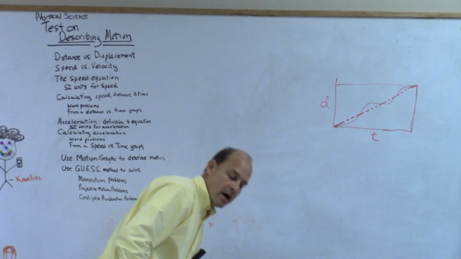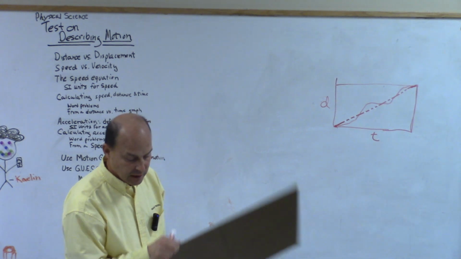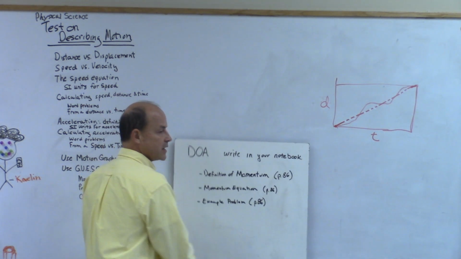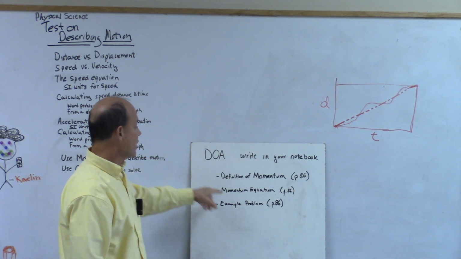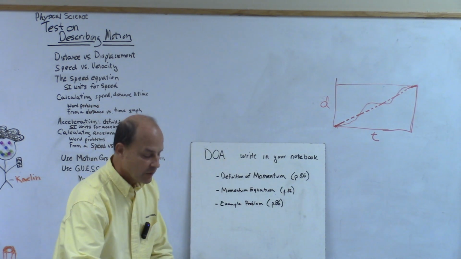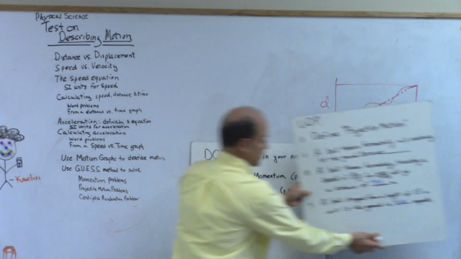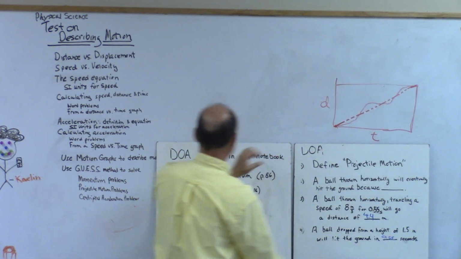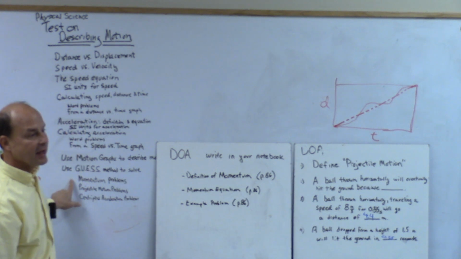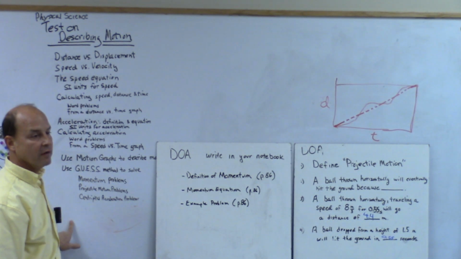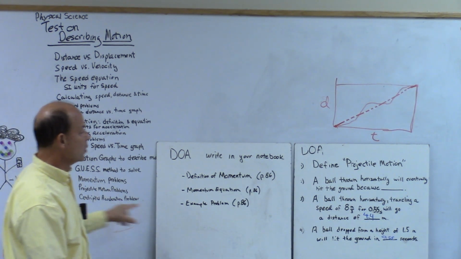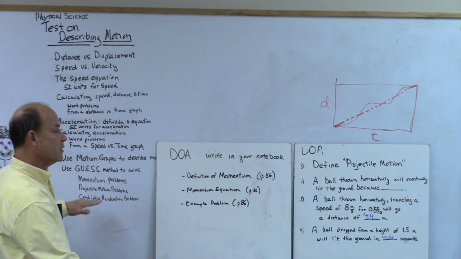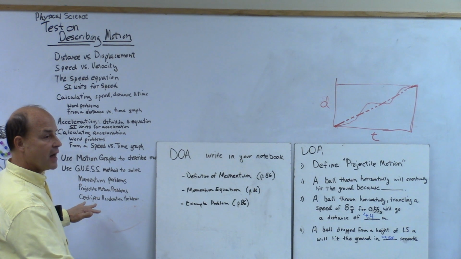Okay, and the last board, second to last board, looks like there were the 3 subjects that we tacked on at the end. We talked about momentum, and we talked about projectile motion. Basically, if you can guess at the answer, then you can solve these problems. I'm just going to give you a word problem. You have to determine the given information, determine what is unknown, what you are trying to find out.